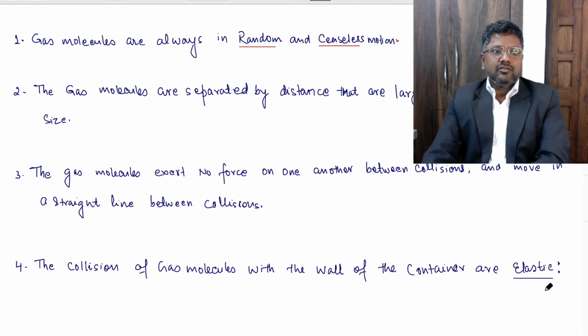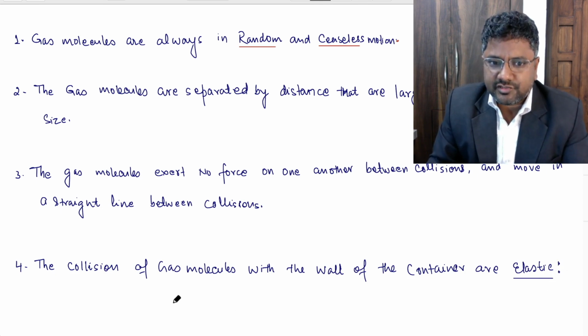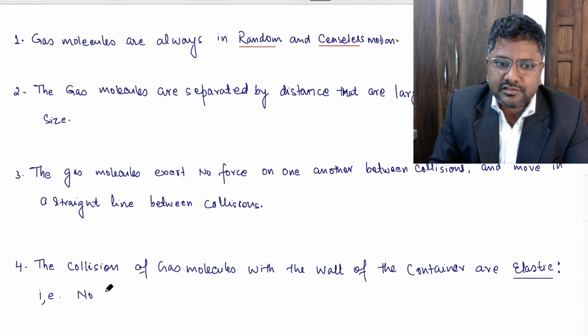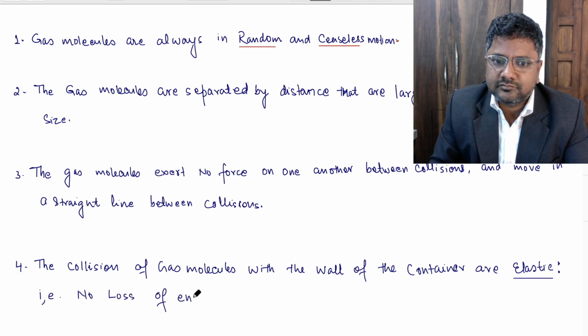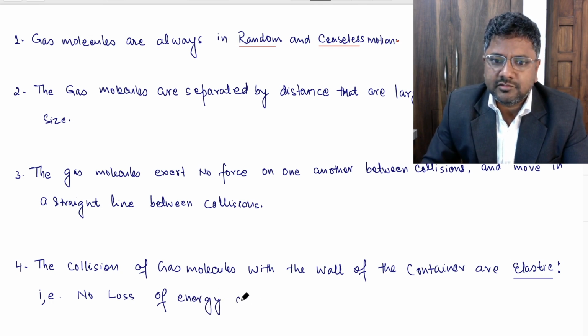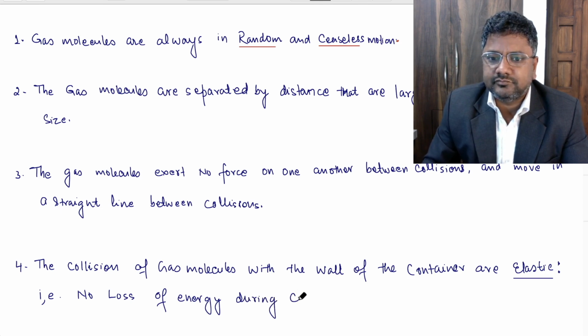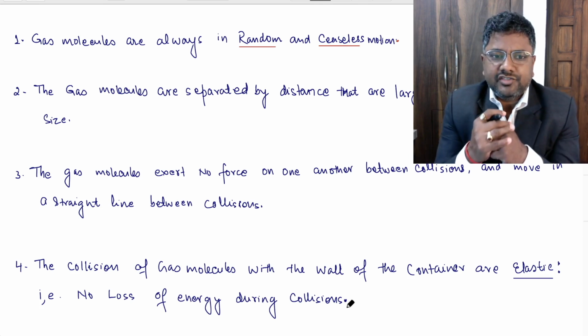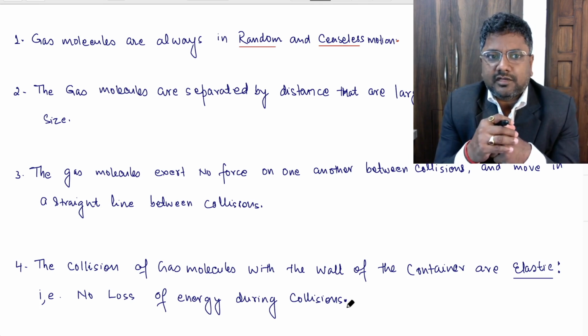Elastic means no energy is lost during the collision, that is, no loss of energy during collision, right? So these are the main and important features of the kinetic theory of gases.